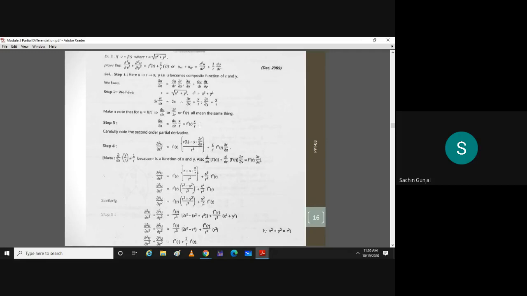Plus this x/r as it is, times the derivative of f'(r), which is f''(r) into the derivative of r with respect to x.